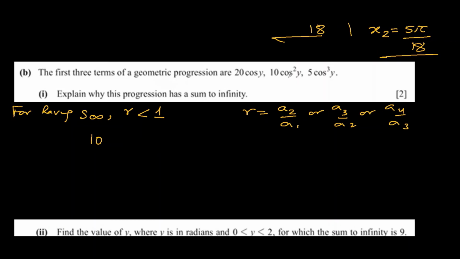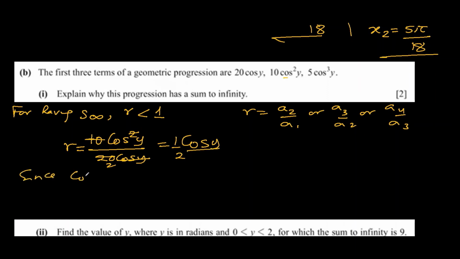So we have a1, a2, and a3. So let's take a2 over a1: 10 cos square y over 20 cos y. This is equal to r. So 10 and 20 we can cancel. Cos y will cancel with one of the cos's. So we get the simplified form: half cos y.